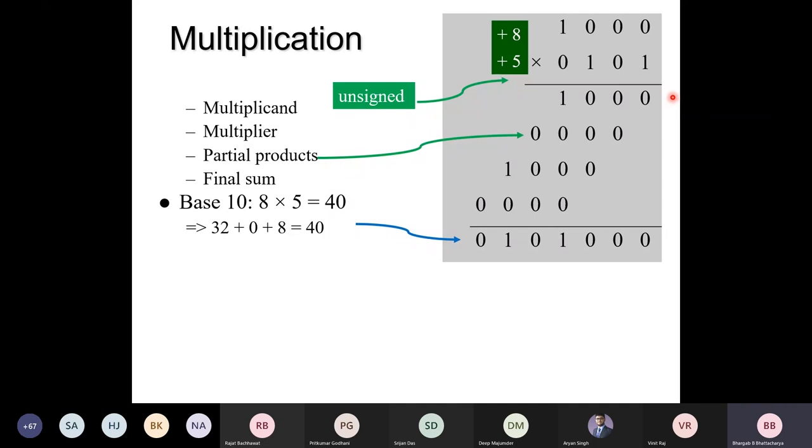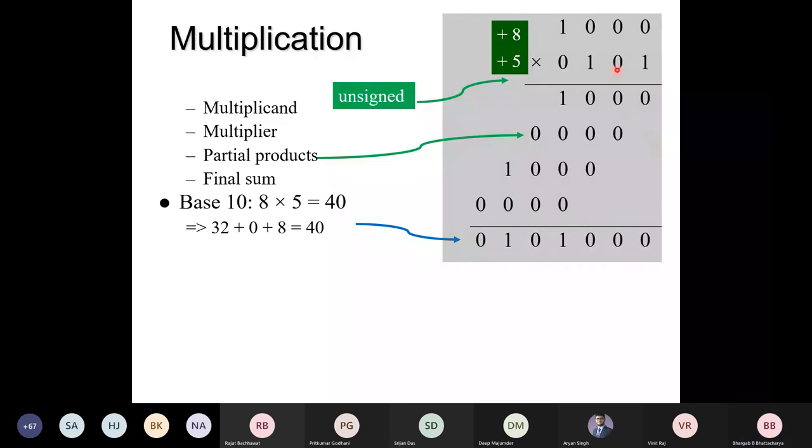AND, OR, etc. between two bits. AND. Yes, simple AND. Say you are taking AND of these two bits, getting 0. You are taking AND of this one and this, you get 0 here, right? Similarly, you are taking AND of this and this, you get 0. You are taking AND of these two ones, you get 1 here, right? So bit by bit AND and nothing else.